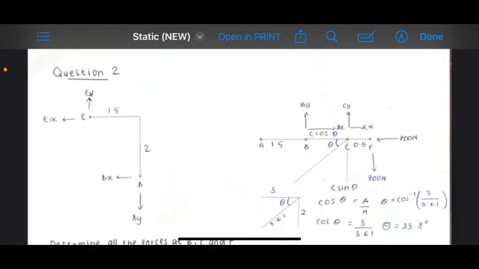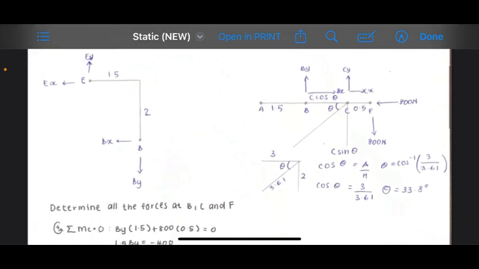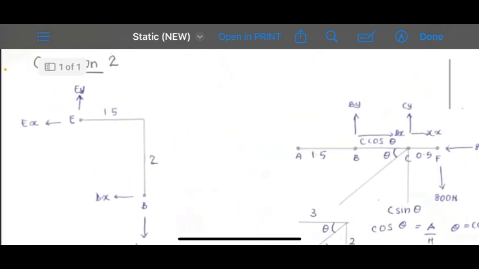So for the next question, question 2 asks to find all forces at B, C, and F. First of all, we look back at the diagram. So we draw the FBD first. We draw the outline from the diagram, so we get this one and this one.